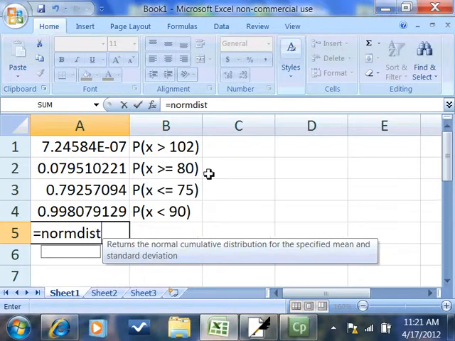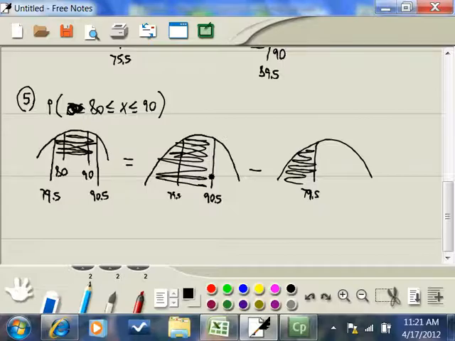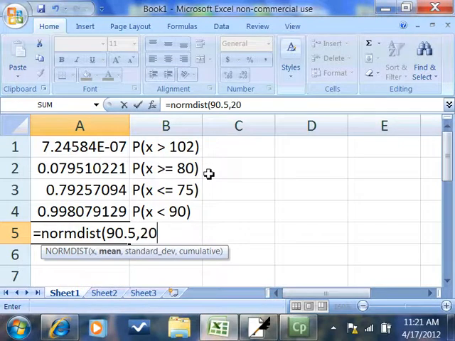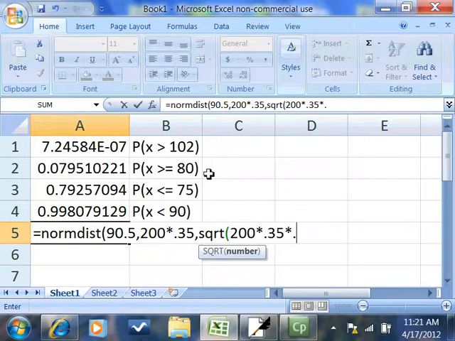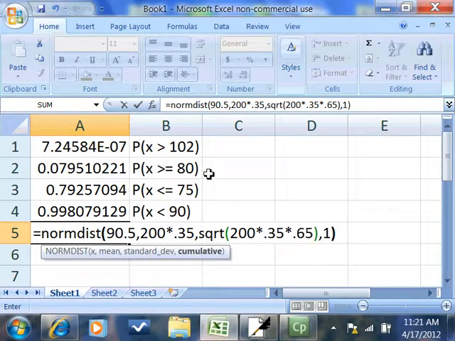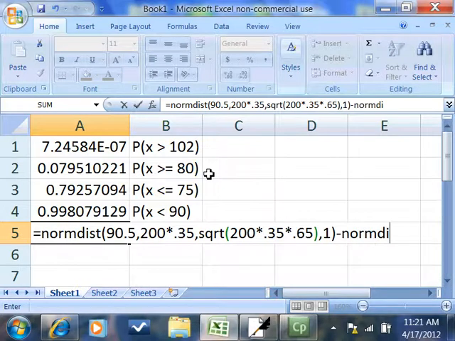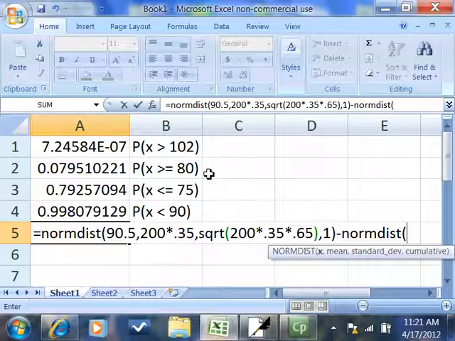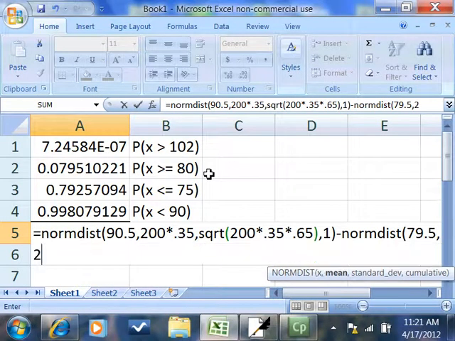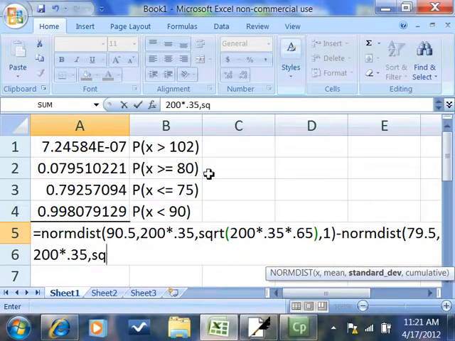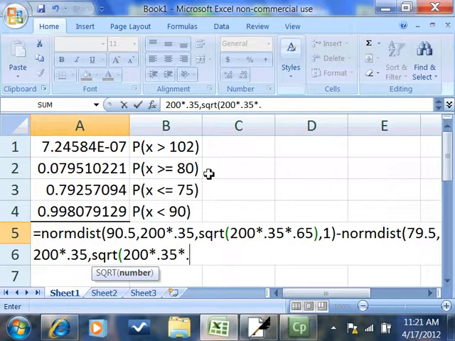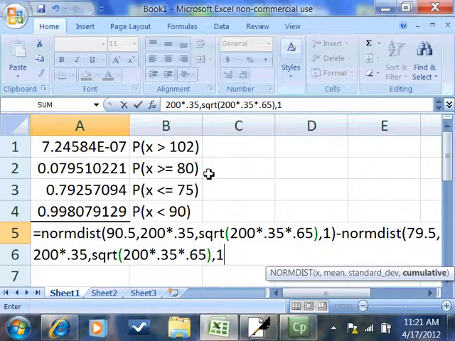So I'm going to do norm dist 90.5, n times p, 200 times 0.35, comma, square root of 200 times 0.35 times 0.65, closing parentheses, minus norm dist 79.5, comma 200 times 0.35, comma square root of 200 times 0.35 times 0.65, comma, and then 1.